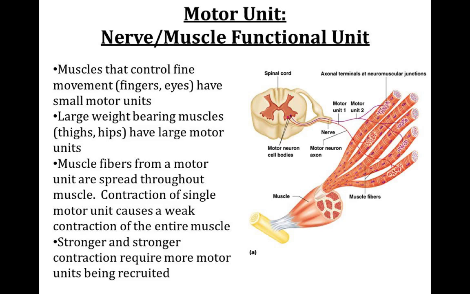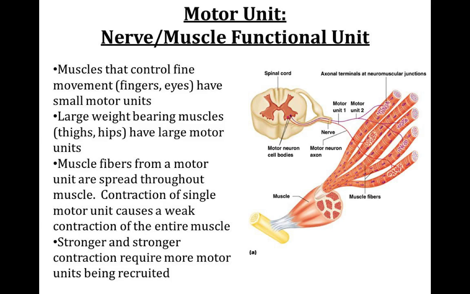If that motor neuron is in charge of 500 muscle fibers, when it is turned on, it's going to stimulate all 500 muscle fibers and they will all contract at the same time. Hopefully that makes sense.